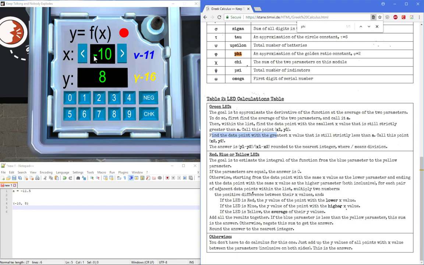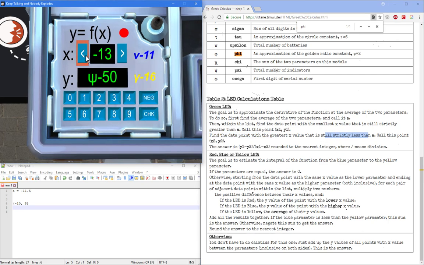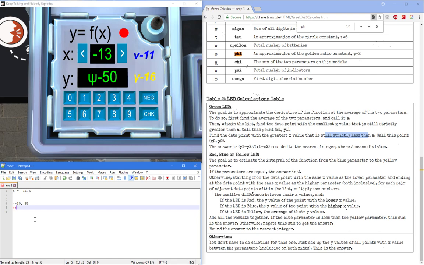So, no, with the greatest x value, but that's still strictly less than a, which is this, because this is the highest x value, but is less than a. So we call this x2, which is negative 13, and y2, which is psi minus 50.